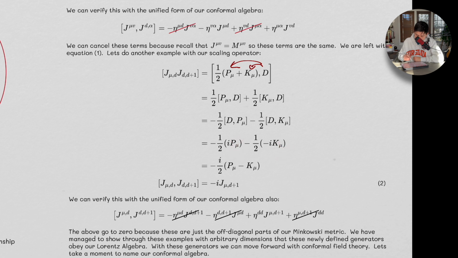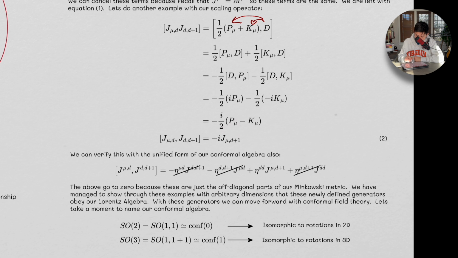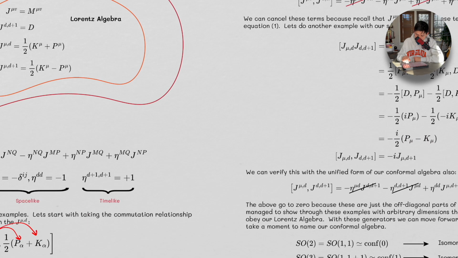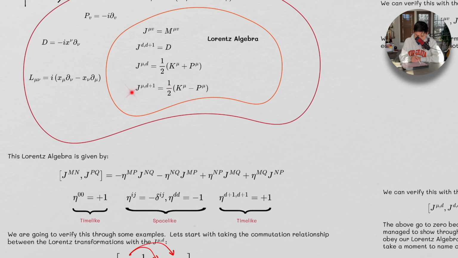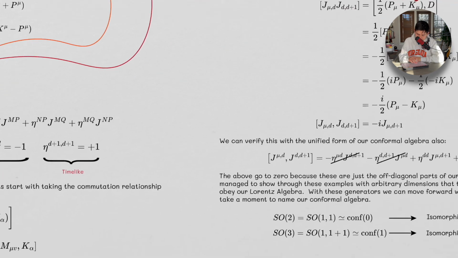It's just these guys. And then from here to here, we just factor out the i, right? So that's going to be negative. This guy's positive because there's two negative signs, and negative times negative is positive, which is what gets us this. So we have this, and then we get this, right? Because this guy here is just 1/2 p mu minus k mu, which is right here.